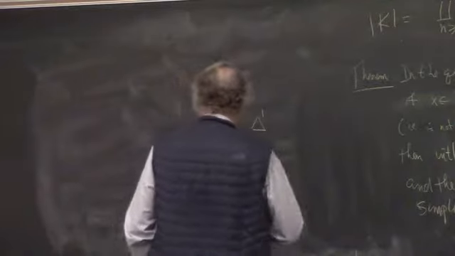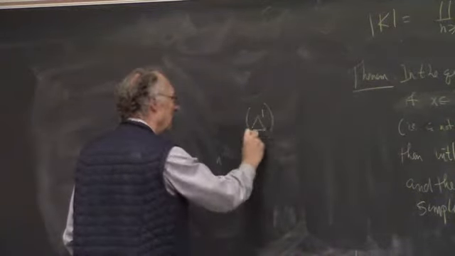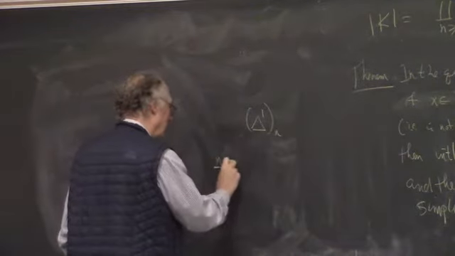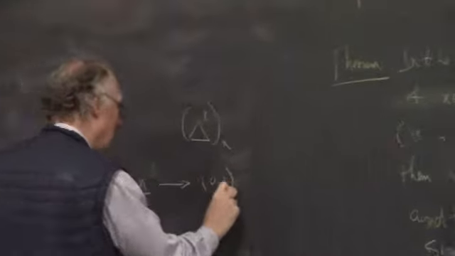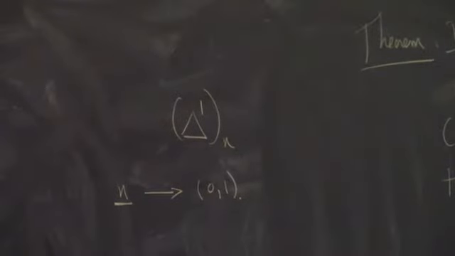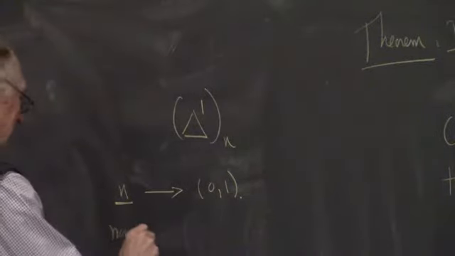So delta 1, remember, it's all order preserving maps: delta 1 sub n is all order preserving maps from n to {0, 1}. Let's find the non-degenerate ones.